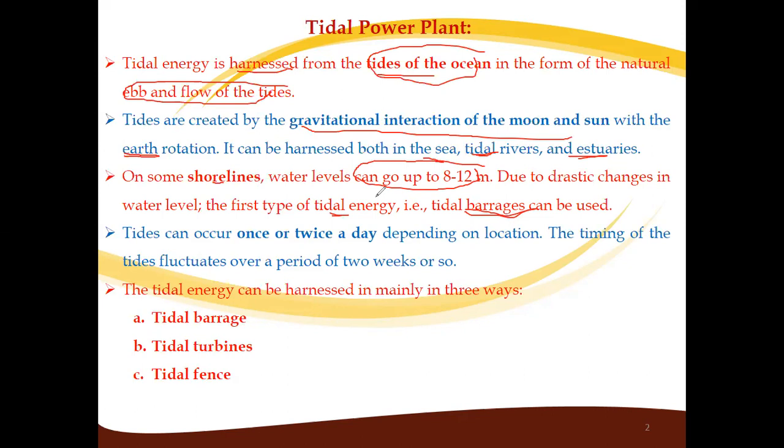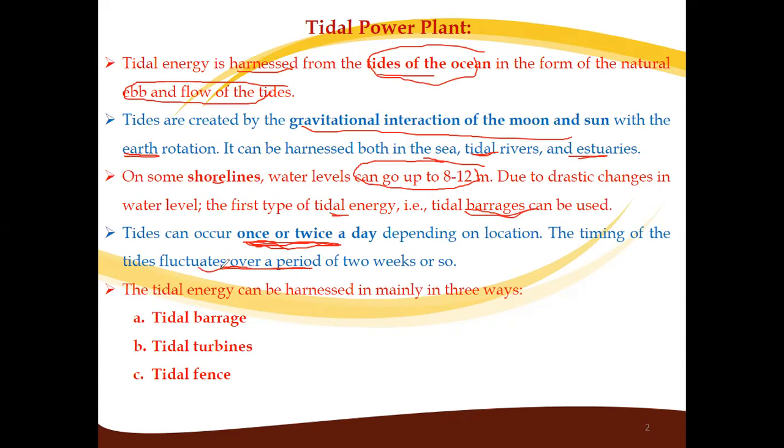Now, tides can occur once or twice in a day, depending upon the location. So every day there will be a tide; it may be once or it may be twice. And the timing of tides fluctuates over a period of two weeks or so.